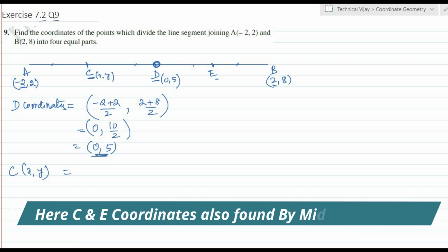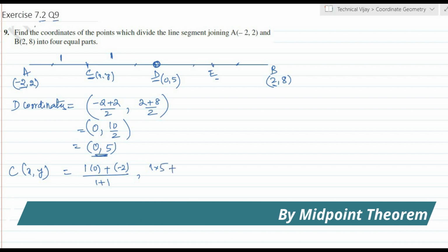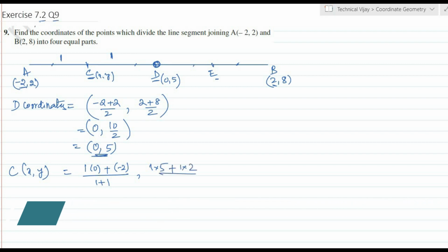Here the ratio is equal, that is 1:1. So x coordinate is 1 into 0 plus 1 into minus 2, that is minus 2, divided by 1 plus 1. Y coordinate is 1 into 5 plus 1 into 2 divided by 1 plus 1.